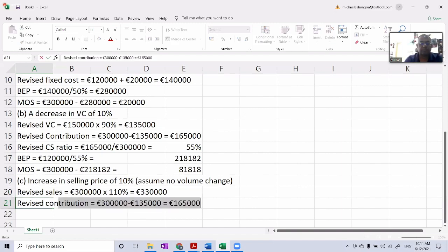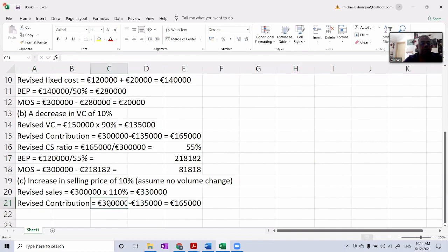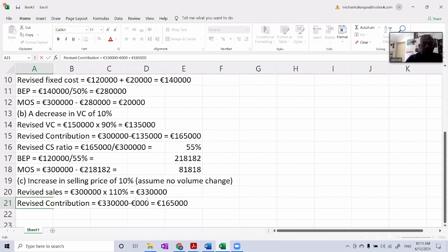Revised contribution will be 330,000 minus original 150,000, will be 180,000.